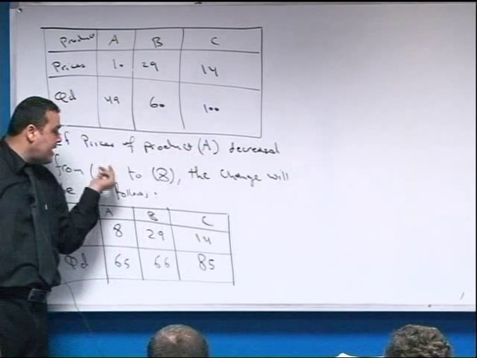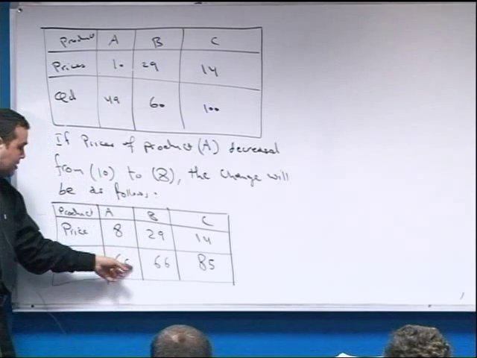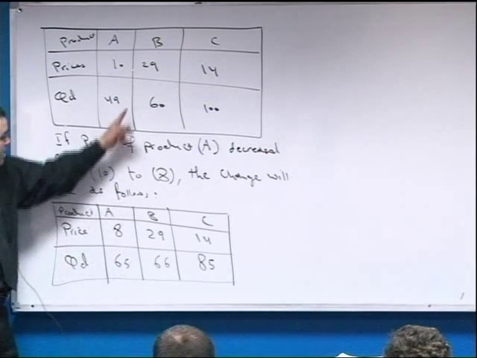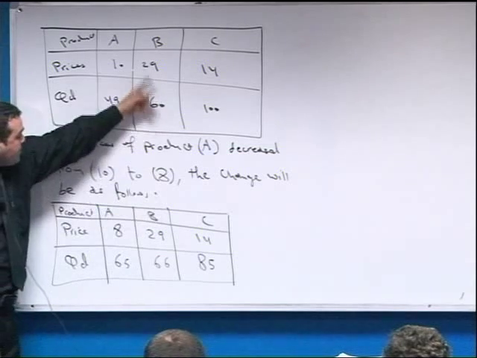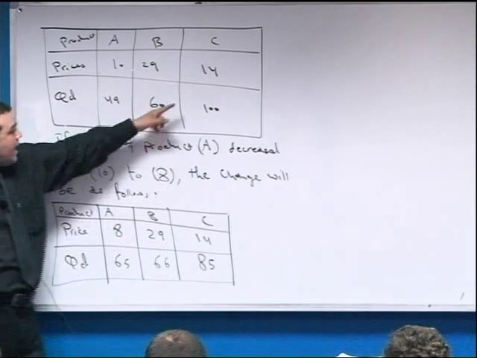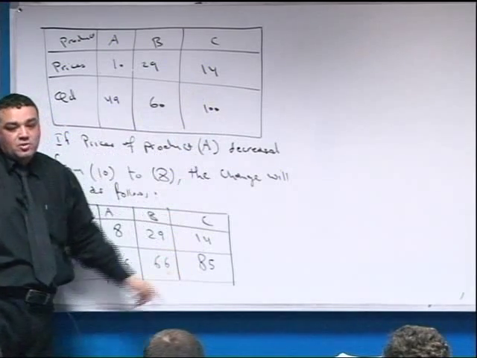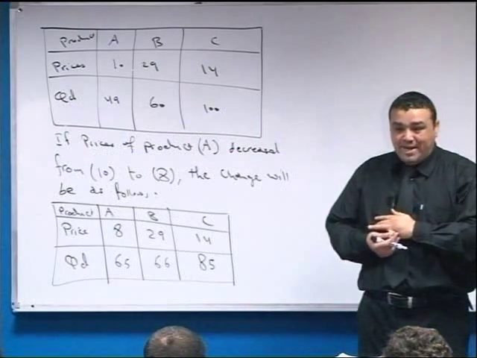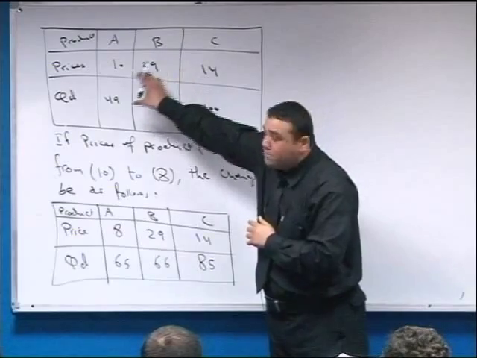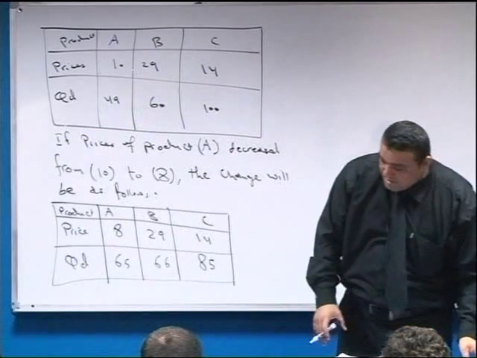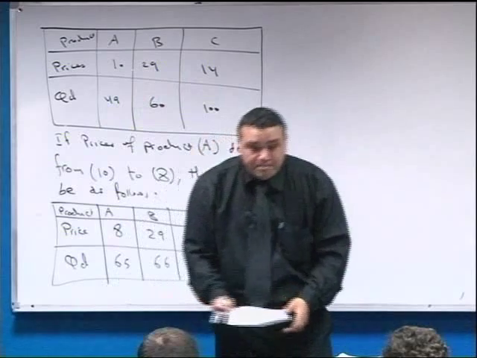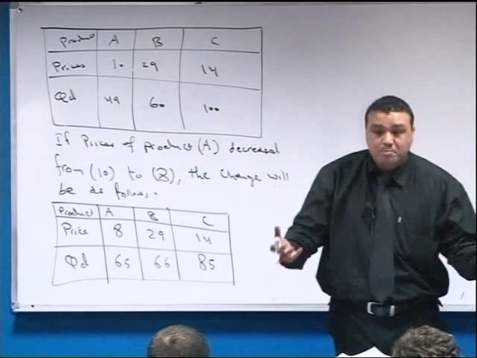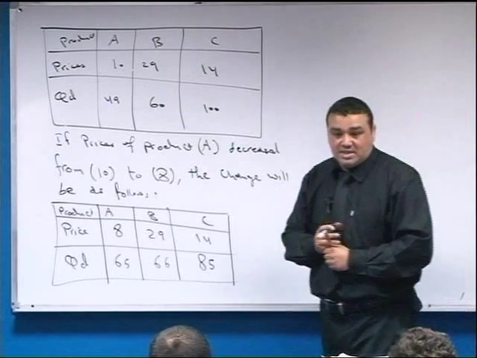When the price declined from 10 to 8, the quantity demanded for this product increased to 65. The quantity demanded for product B increased to 66, and the quantity demanded for product C declined to 85. The question is, calculate the cross price elasticity of demand for product B compared to A, and state the relationship between products A and B, and then the level of elasticity.